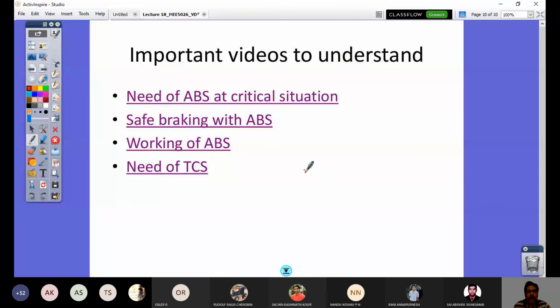I hope you are able to hear, and in case there is a problem while sharing, let's sort it out. Let us first look at why we require this ABS, right? Are you able to hear the video sound?